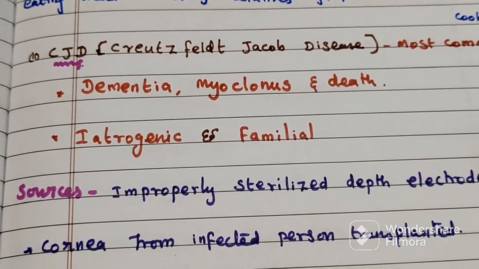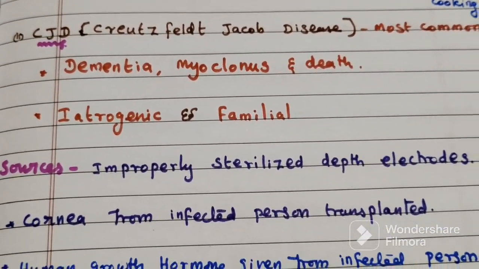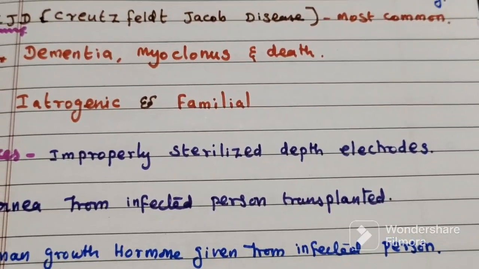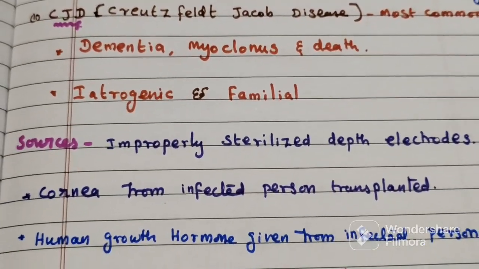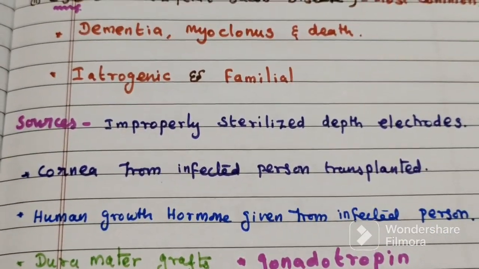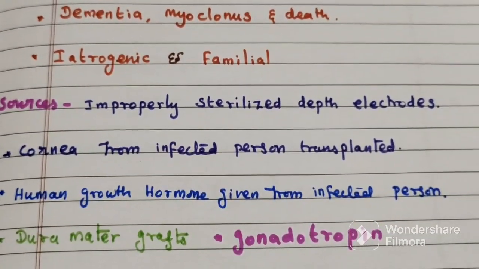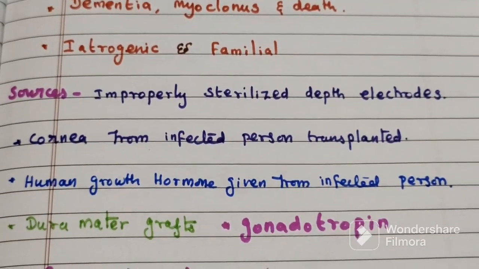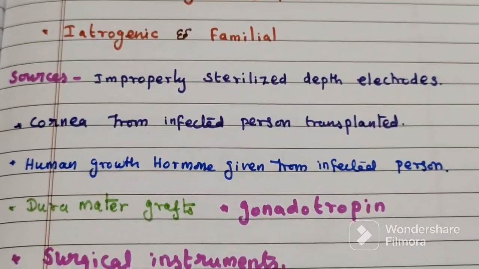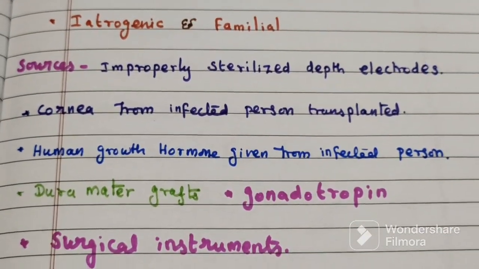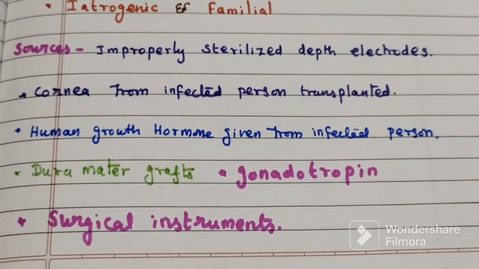Then what are the sources of CJD? It can occur through improper sterilization of depth electrodes, or corneas from infected persons transplanted to another person, human growth hormones and gonadotropin received from infected persons, dura mater grafts, and surgical instruments.